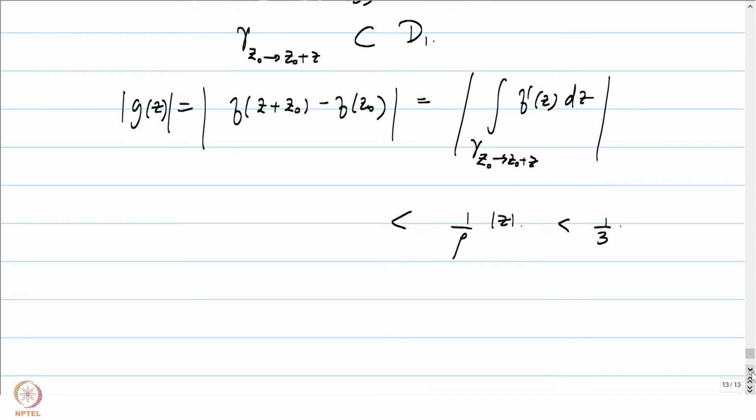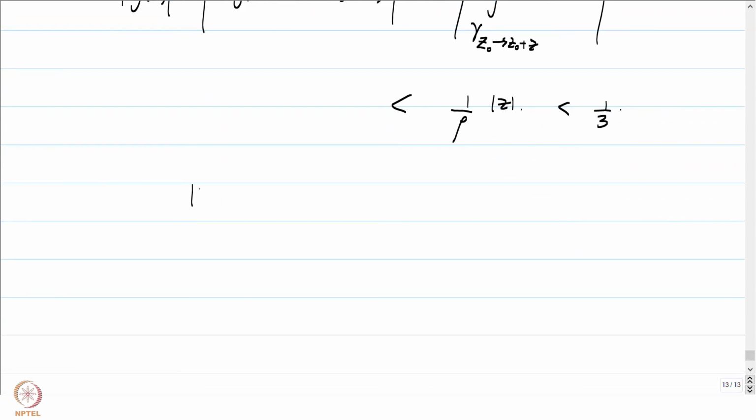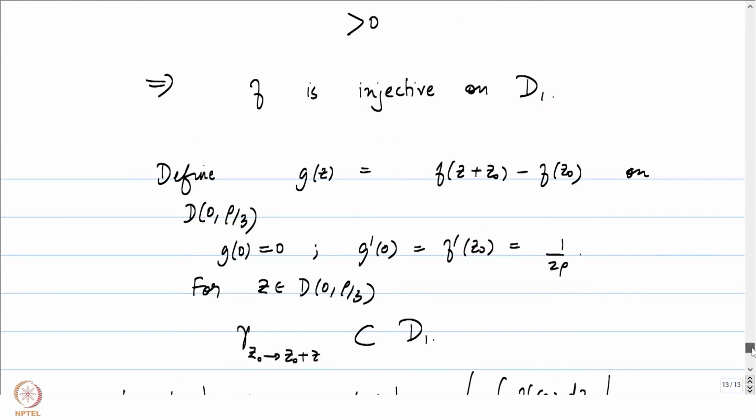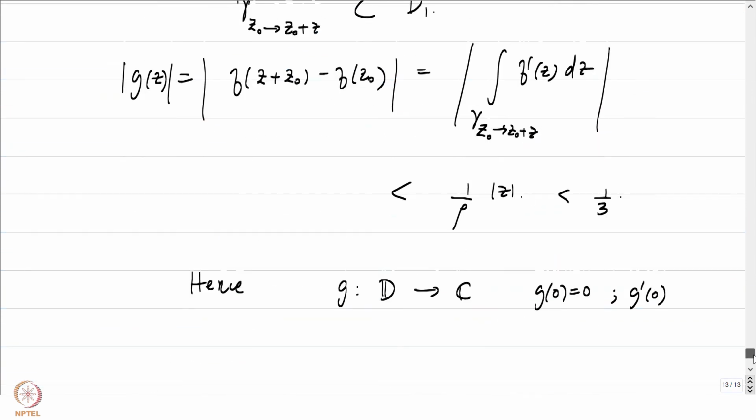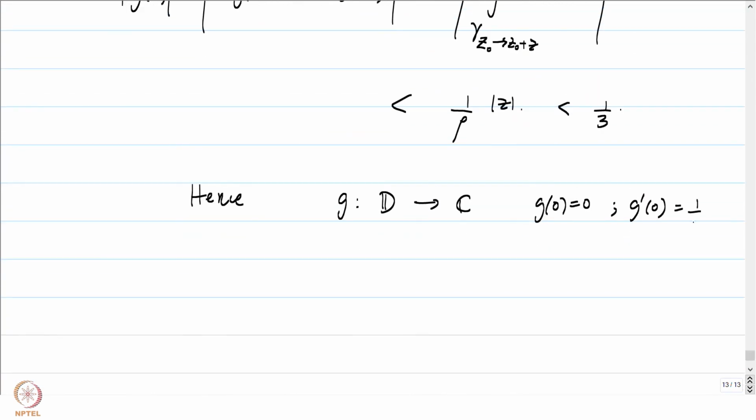So we are now in the setup of our previous problem. Hence, g is now a map from the disk to C, g of 0 is equal to 0, g prime of 0 was already computed to be 1 by 2 rho, and the absolute value of g of z is less than 1 by 3 for z in D.